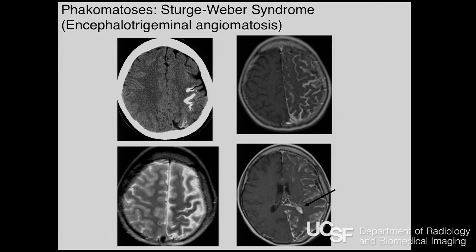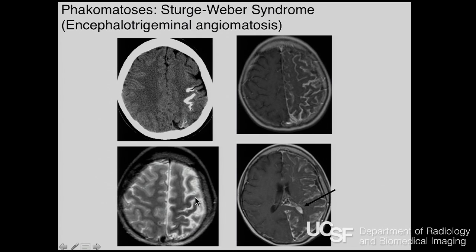Now, Sturge-Weber syndrome is another phacomatoses that you may encounter. If you're doing a CT for a child with seizures, you may see some atrophy of the cortex, and it later will be associated with cortical calcifications, and this will be progressive if you scan the child later on. You can see here the same finding on MR with injury to the cortex.